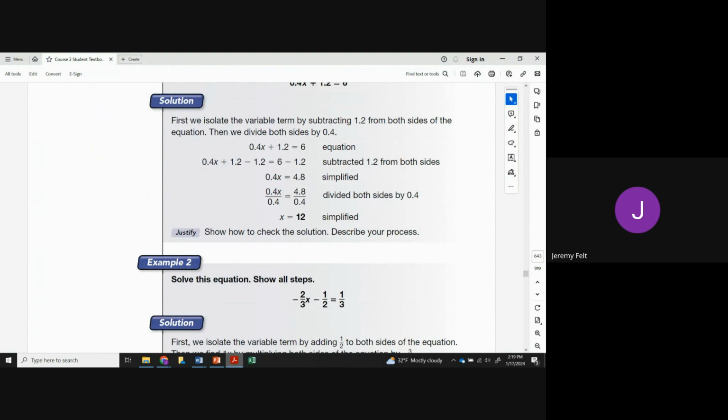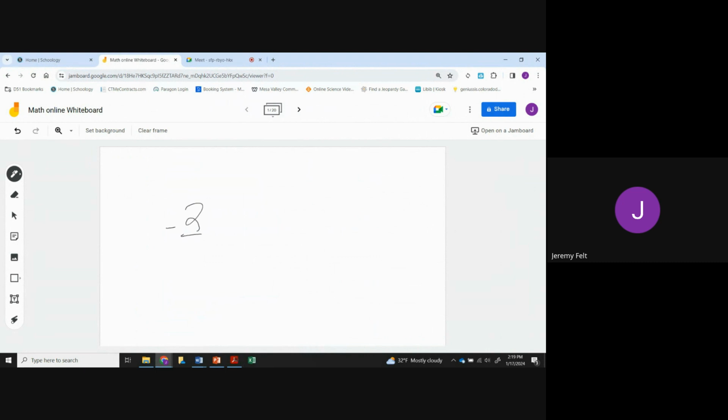Okay, if we have this one, negative 2/3 x minus 1/2 equals 1/3 x... Okay, so even though it's fractions, it's still inverse operations. We got to add 1/2. Oh, we would need common denominators. Once we got there, we're going to have negative 2/3 x equals, this becomes 2/6, then this becomes 3/6.